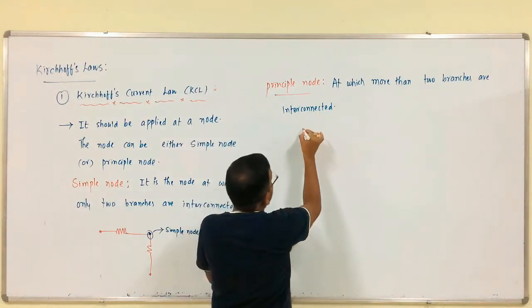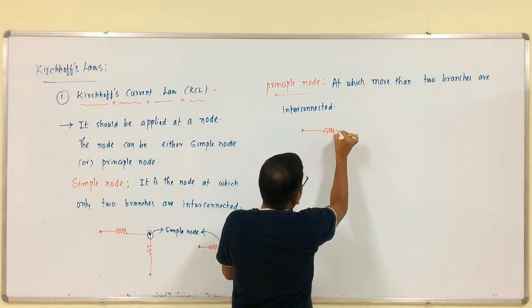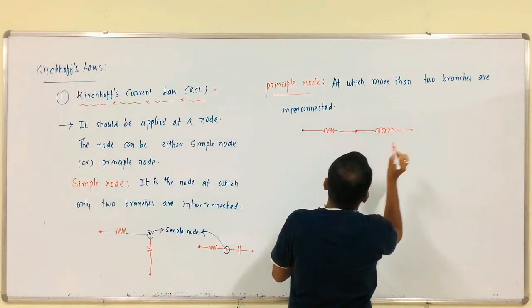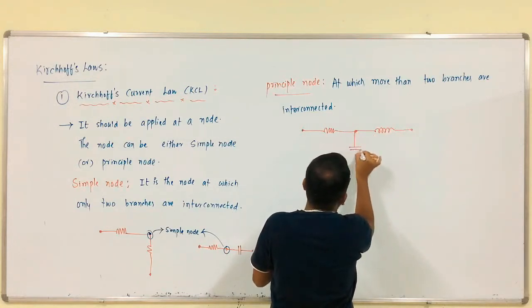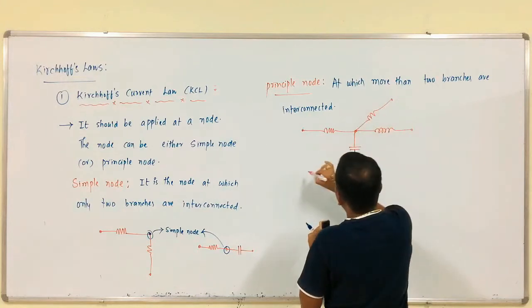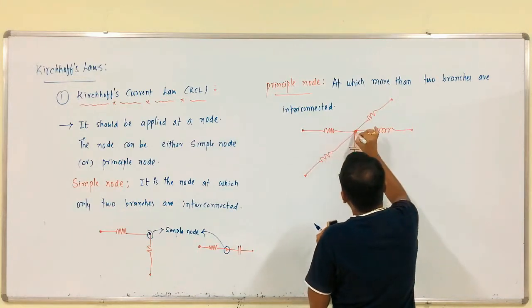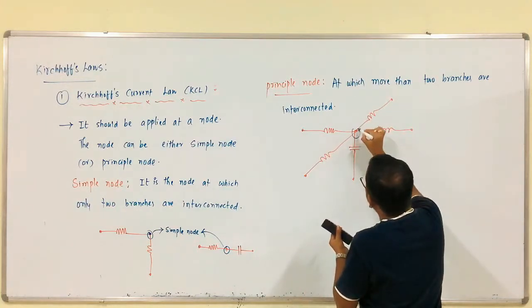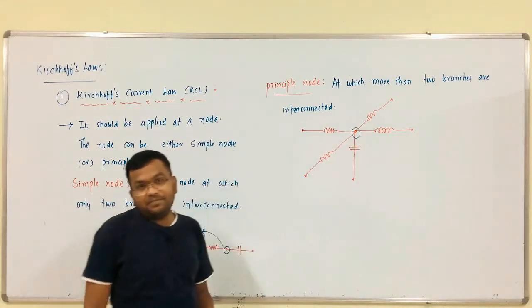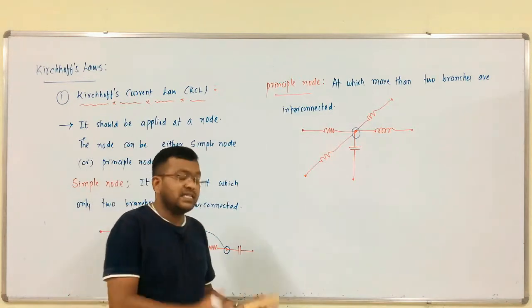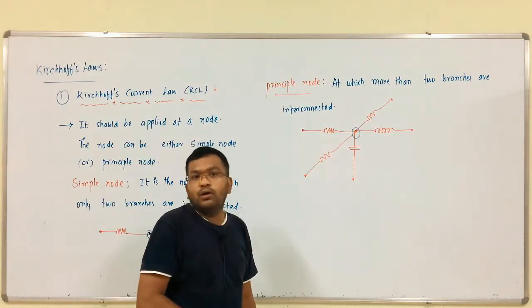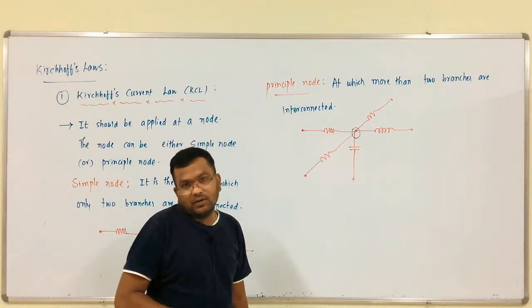So, like this we have one branch, we have another branch, so this is what? Principal node. KCL should be applicable at that node. The node should be simple node or principal node.